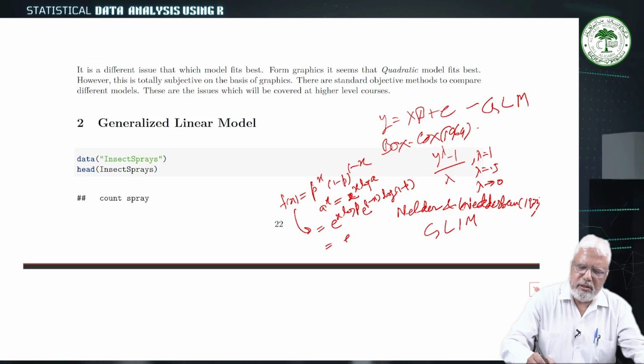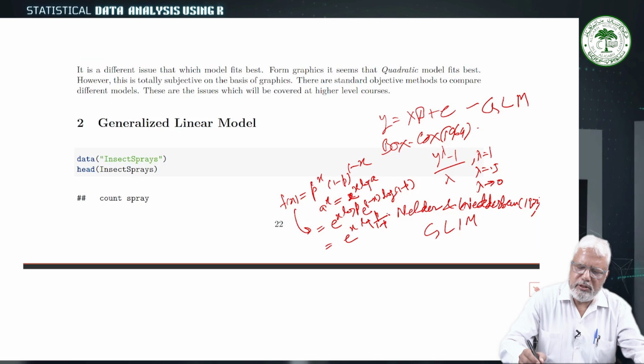So ultimately it becomes x into log of p upon 1 minus p.